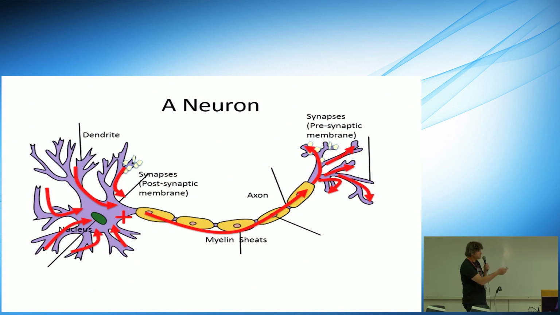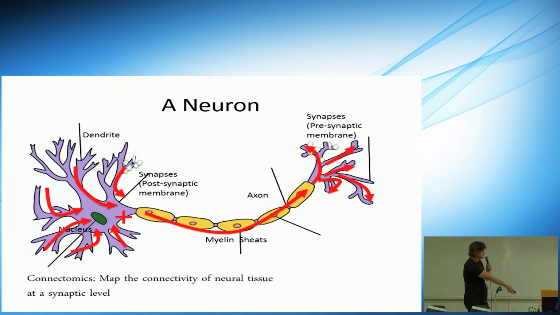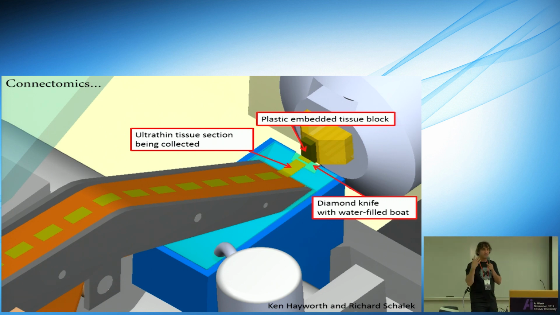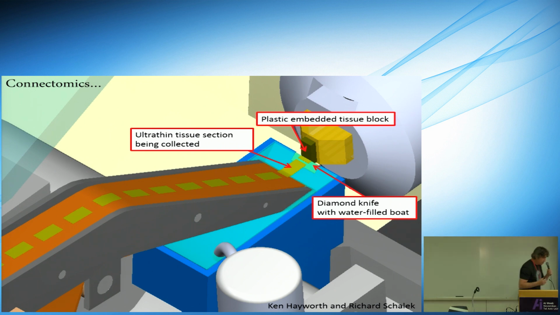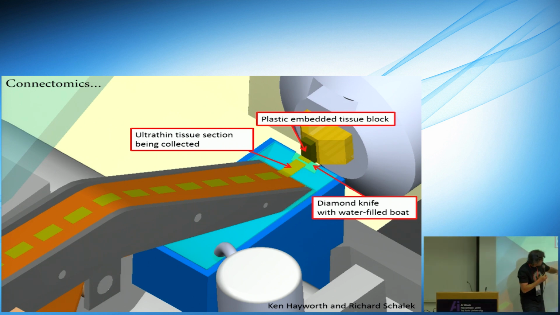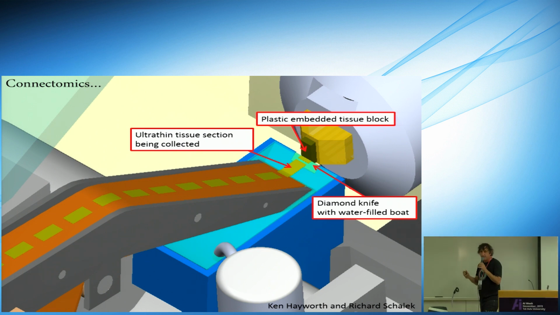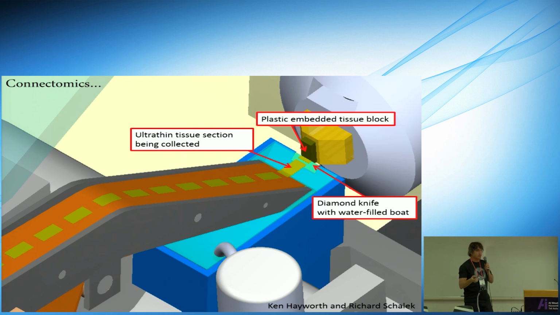In connectomics, we try to map this connectivity, this tissue. We take a small sliver of an animal brain. In this case, it is a mouse, for example.